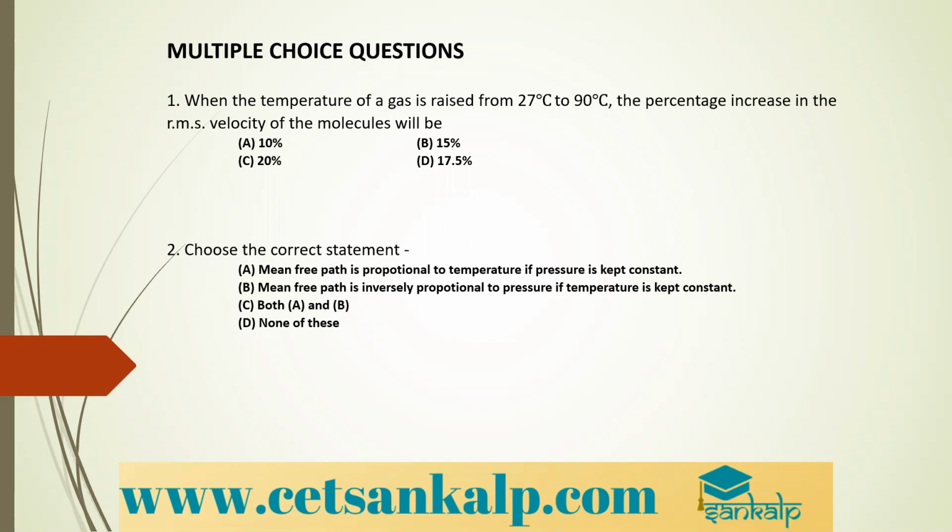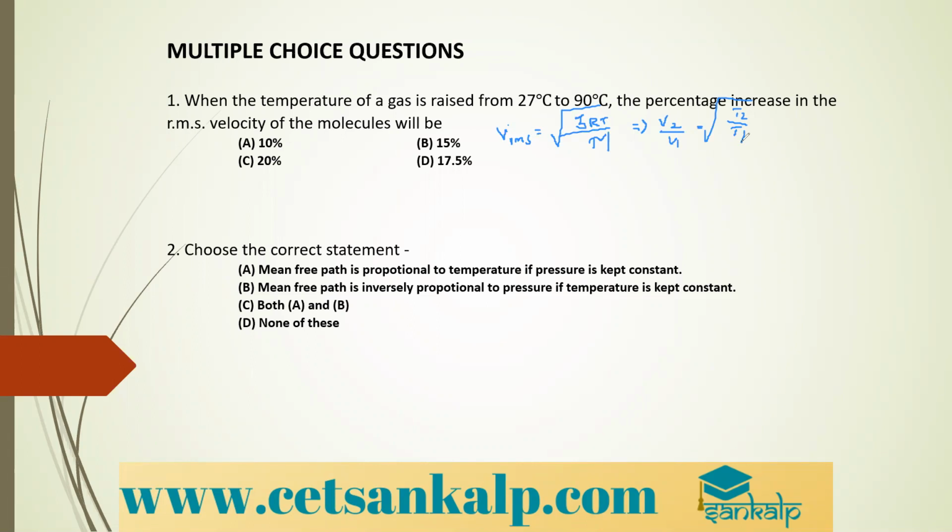We have a formula based on that. Here we know that Vrms is equal to the square root of 3RT divided by M, which we can also write as V2 by V1 is equal to the square root of T2 by T1.